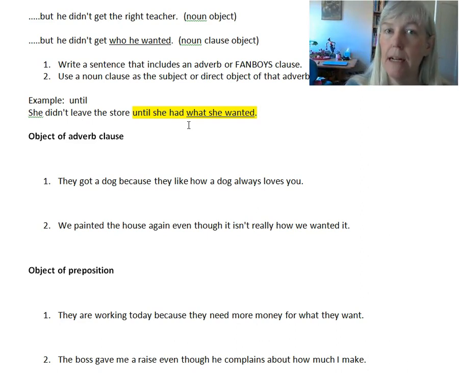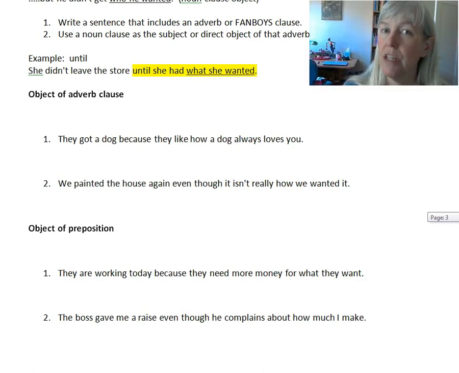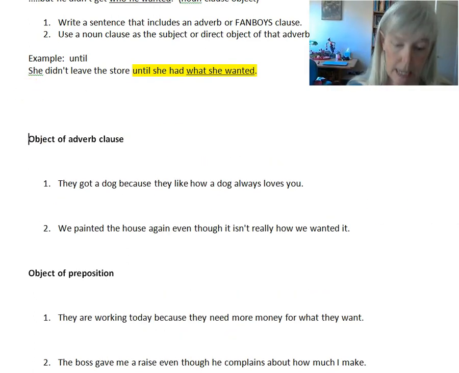Until she had her purchases, noun. Until she had what she wanted, noun. Also, it's a clause because it has a subject and verb in it. Until she had what she wanted. So you can use a noun clause as the object, subject, object of a preposition. Those are the places you put a noun.